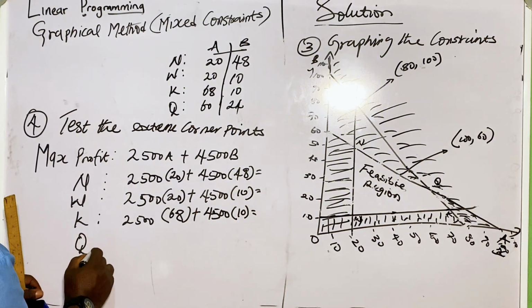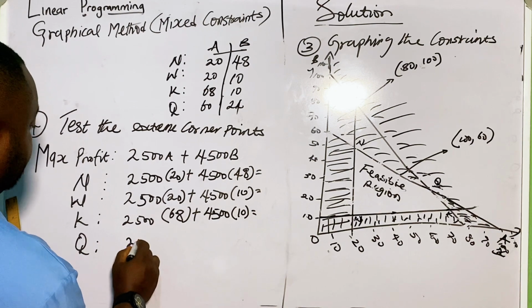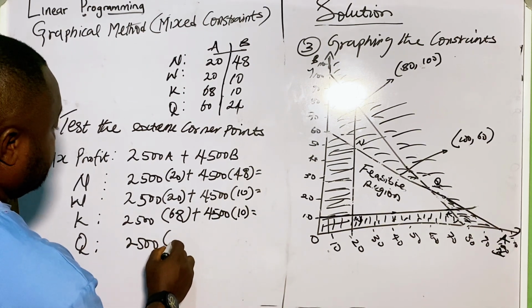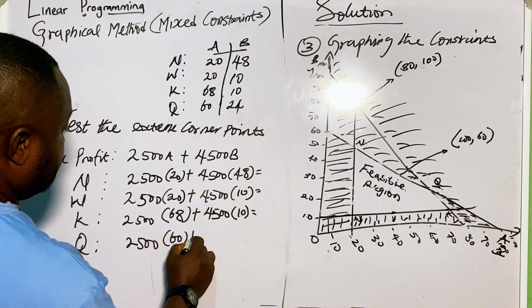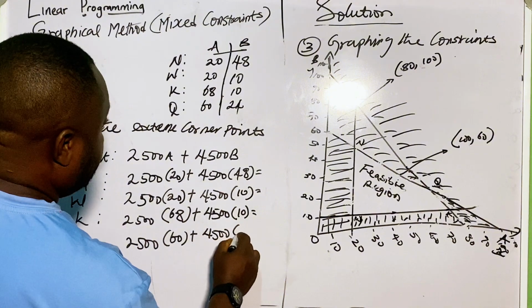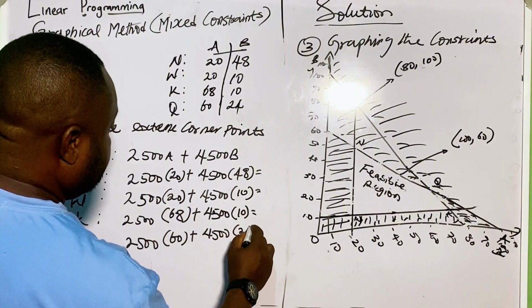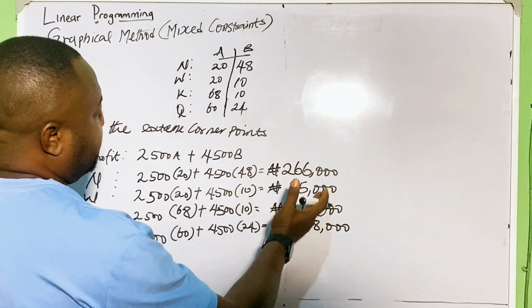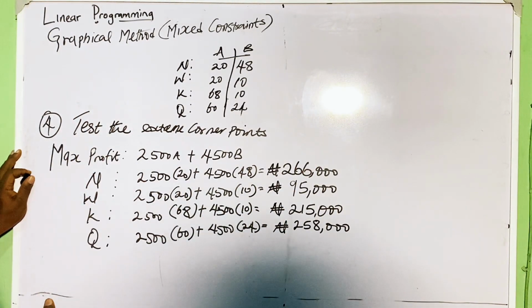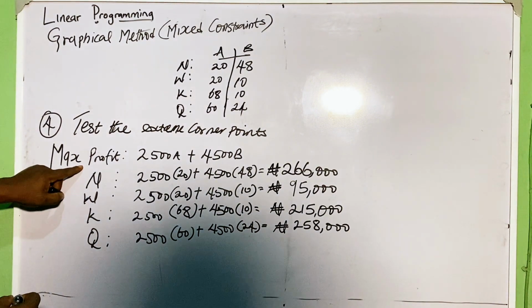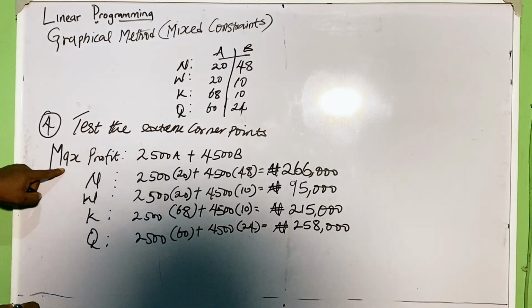Then at point Q is 25 by 60 plus 45 by 24.